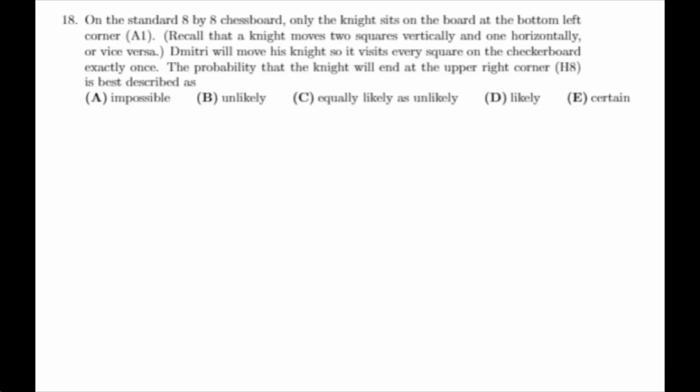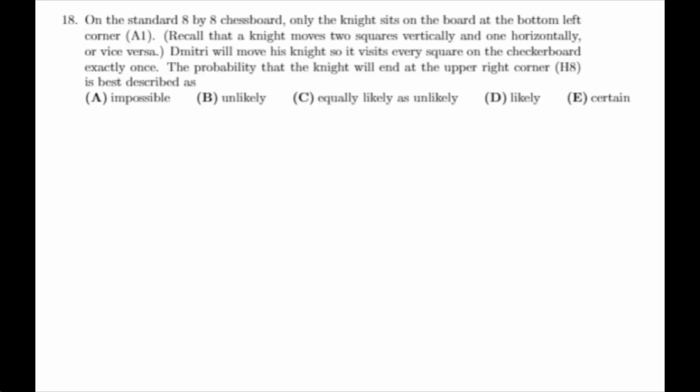Problem number 18. On a standard 8x8 chessboard, only the knight sits on the board at the bottom left corner, A1. Recall that a knight moves 2 squares vertically and 1 horizontally, or vice versa. Dimitri will move his knight so it visits every square on the checkerboard exactly once.